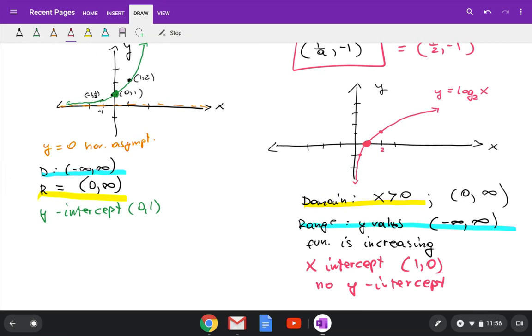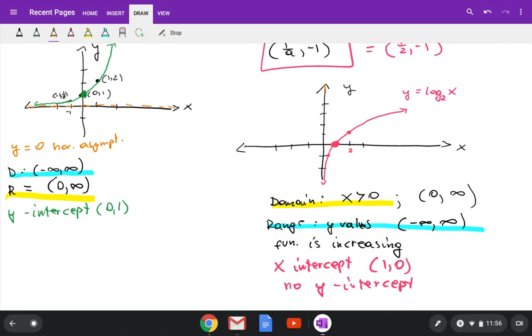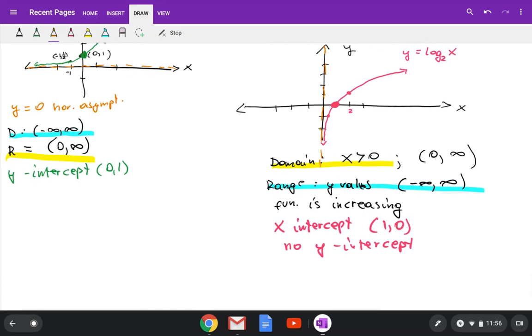Now, our exponential function had y equals 0 as a horizontal asymptote. Our logarithmic function has a vertical asymptote, x equals 0.